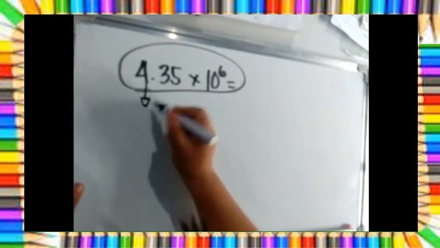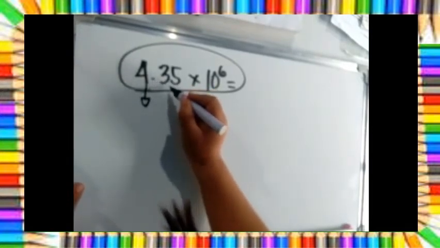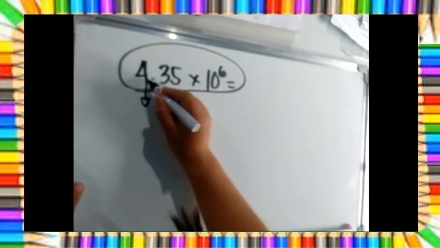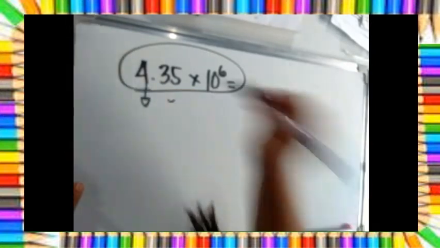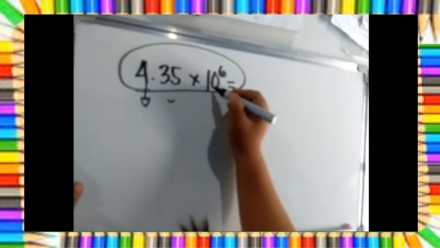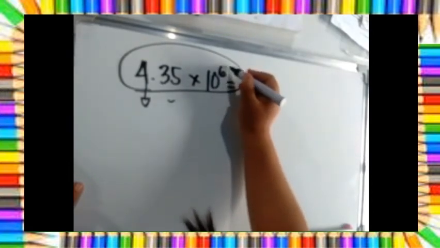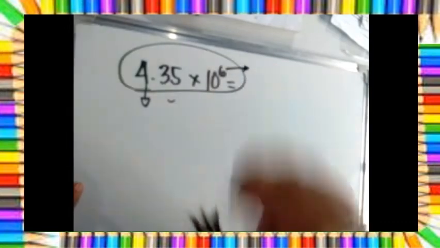This is a whole number, and then there is a decimal part. So 4 is a whole number, 0.35 is a decimal, and times 10, the base is 10, and then there is the exponent. The exponent depends.